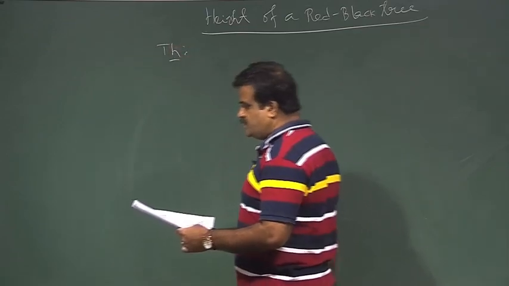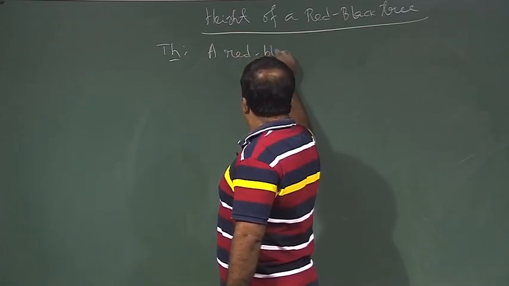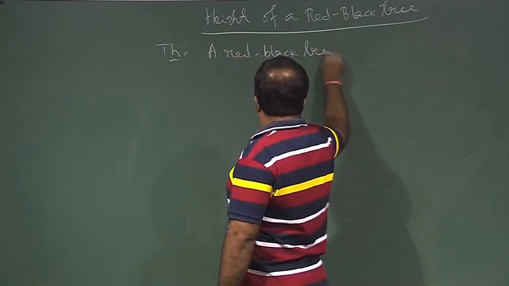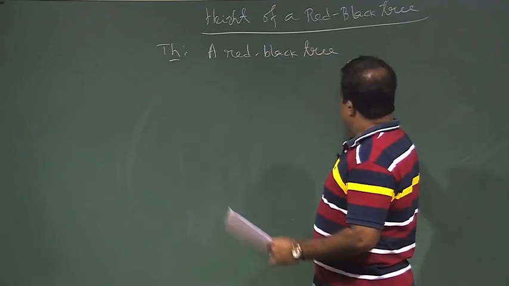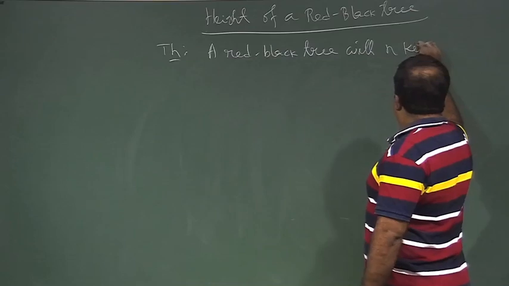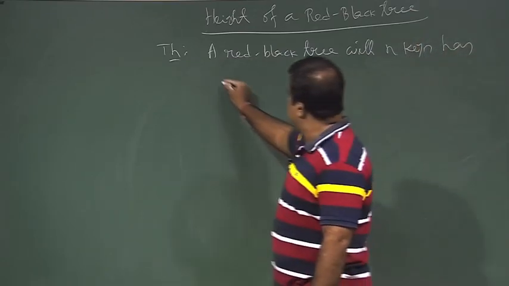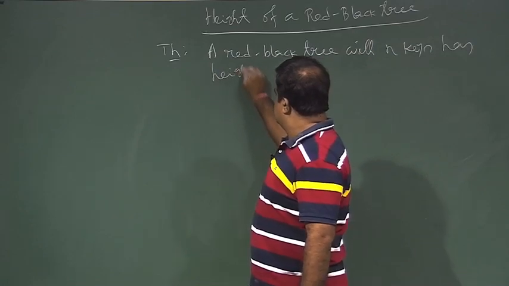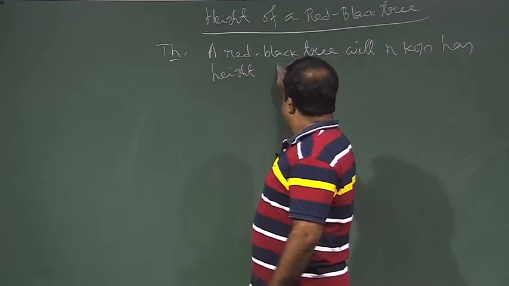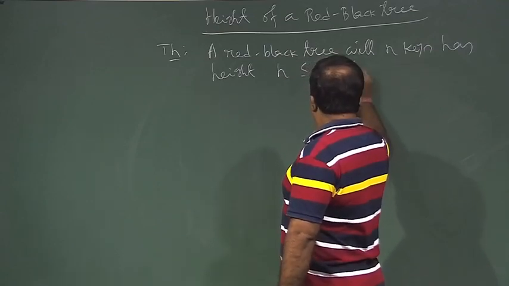So, this theorem is telling us a red black tree with n nodes, n keys, has height h, which is less than or equal to 2 log of n plus 1.